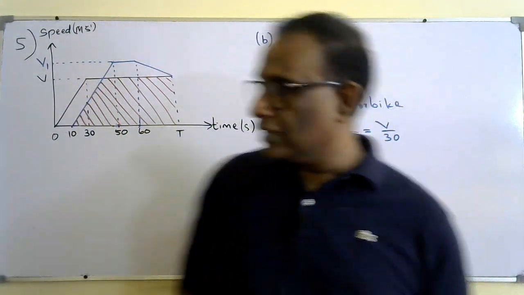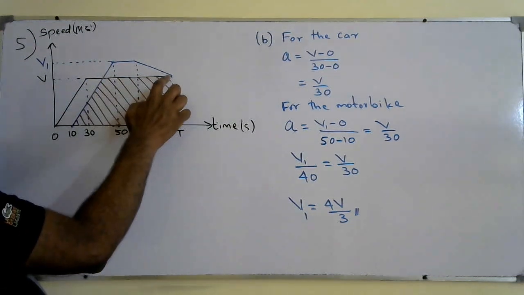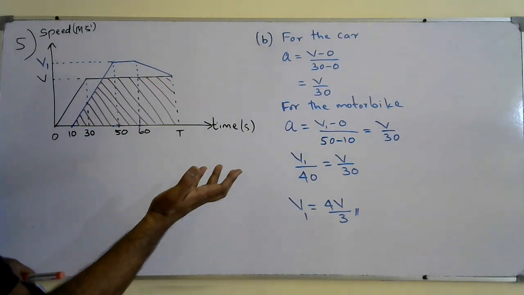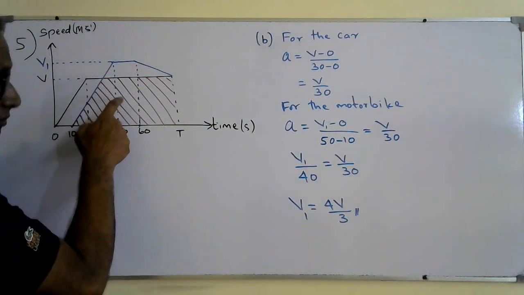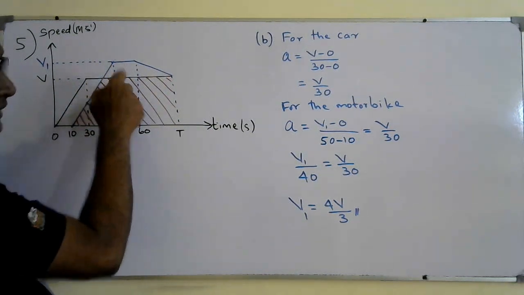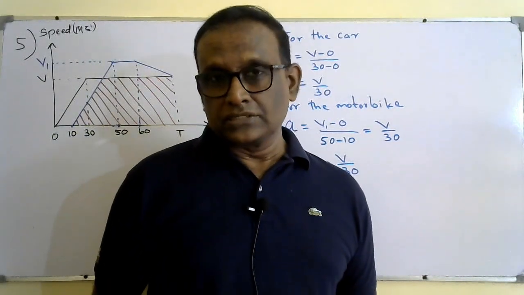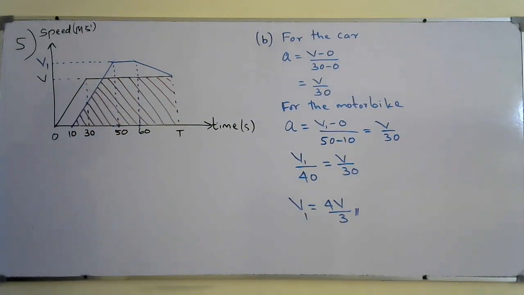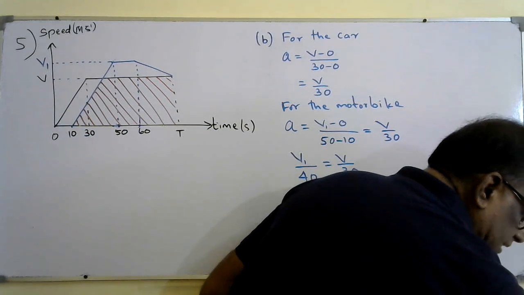With this red color area added, I get the distance traveled by the car. Same way, if I add the red color area to this trapezium, I get the distance traveled by the motorbike.